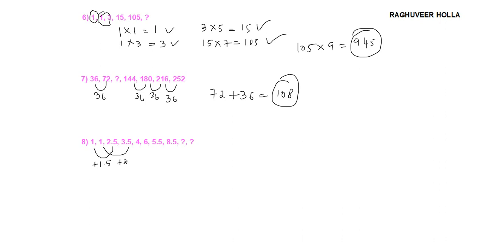So if I want this sequence, I have to add 1.5, so that is 5.5 plus 1.5, which results in 7, right? I got the first result, and for the second one, you have to add 2.5 here, so that is 8.5 plus 2.5, which is 11, right?